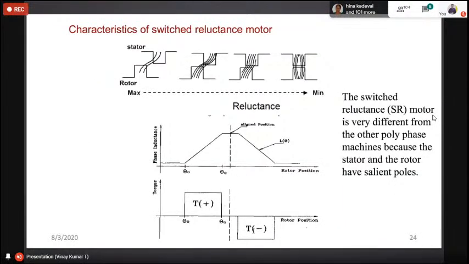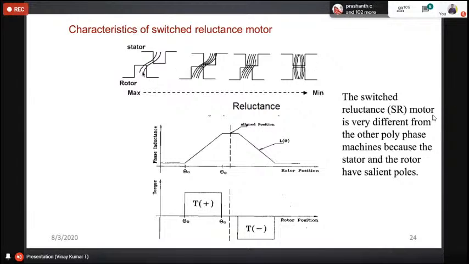Come to the diagram. Let us assume that stator poles are stationary, rotor poles are moving from left to right, right? Before understanding the characteristics, first you have to assume that the stator poles are stationary and rotor poles are moving from left to right.